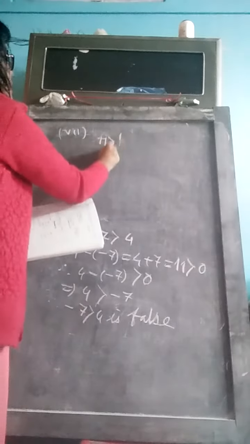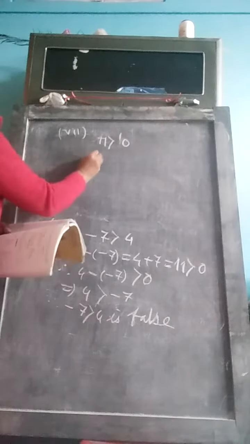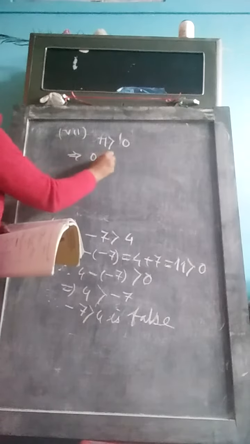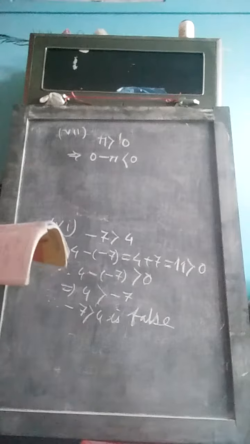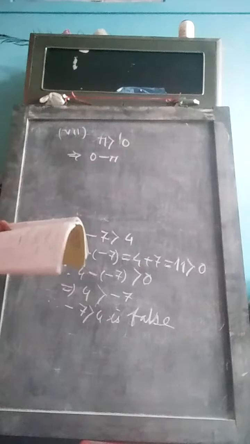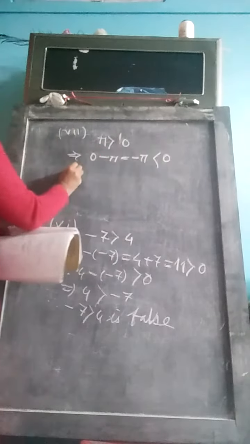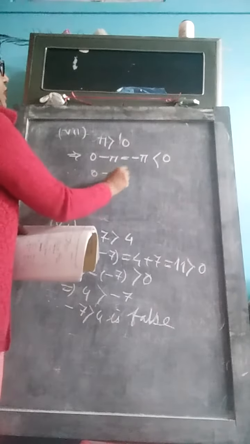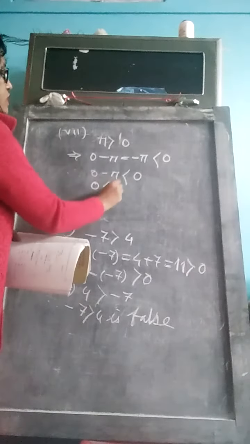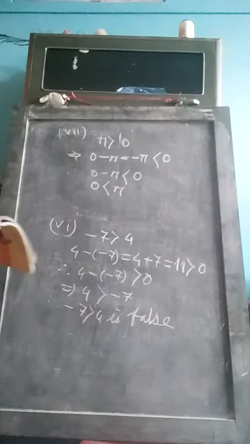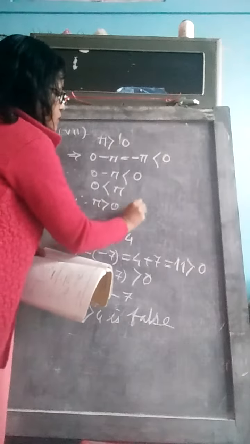Now see, 0 minus pi is equal to minus pi. Minus pi is less than 0. Therefore, 0 minus pi is less than 0, which implies 0 is less than pi. That is, pi is greater than 0.